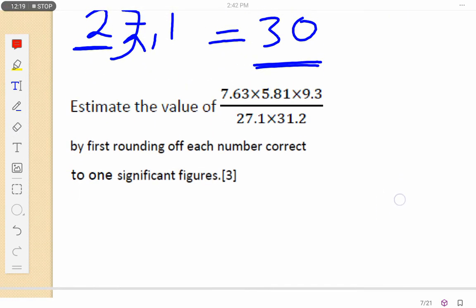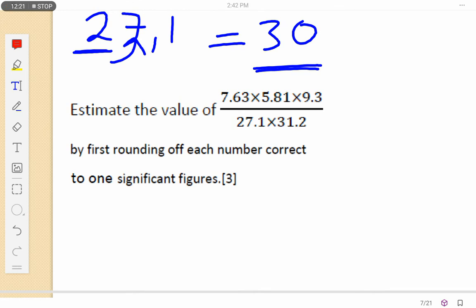This question is asking us to estimate this value after rounding off each number according to 1 significant figure. So we are going to round these numbers according to 1 SF. If I round them, I'm going to have 7.63.